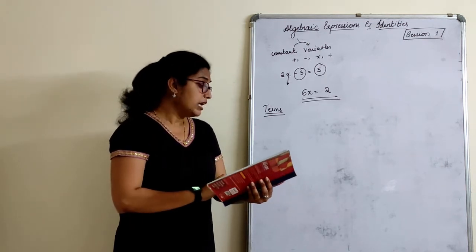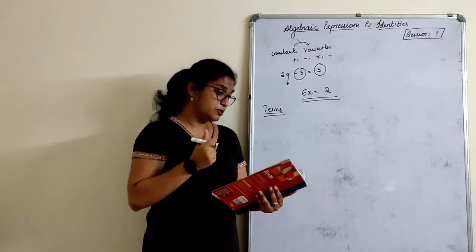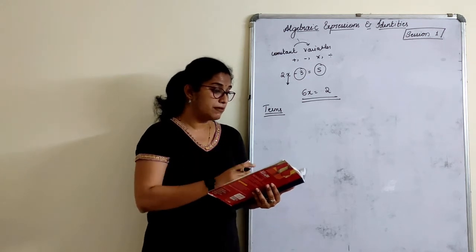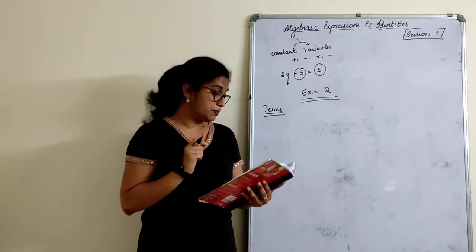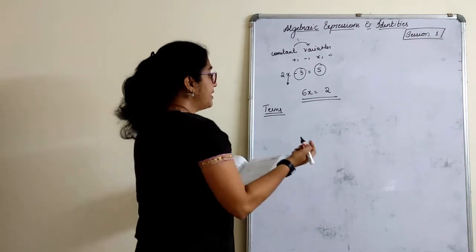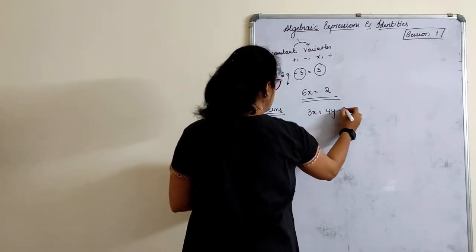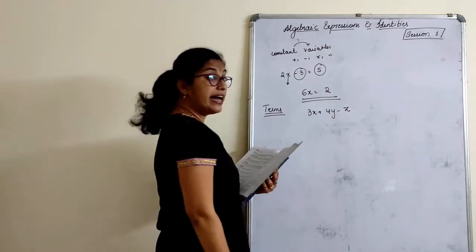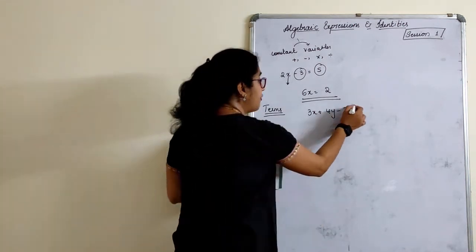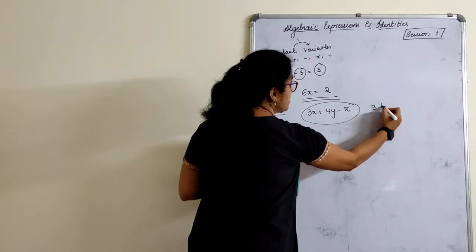The various parts of an algebraic expression which are separated by plus or minus are called terms of the expression. Suppose I write the algebraic expression 3x plus 4y minus z. It is an algebraic expression of three terms.